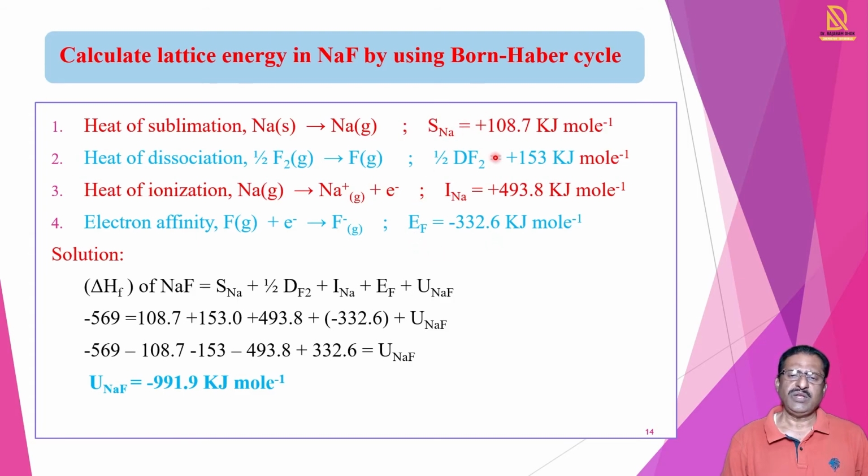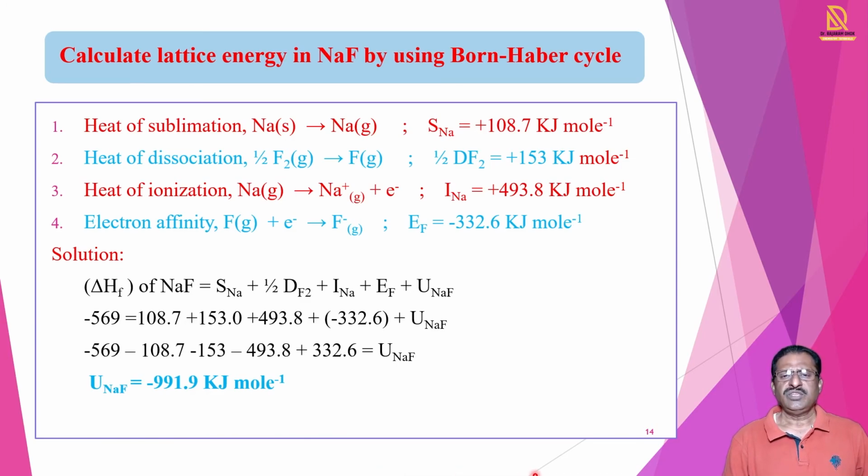Now all the values are added, and by adding them we can calculate U NaF. By rearrangement we get U NaF equal to minus 991.9 kilojoule mole raised to minus 1.